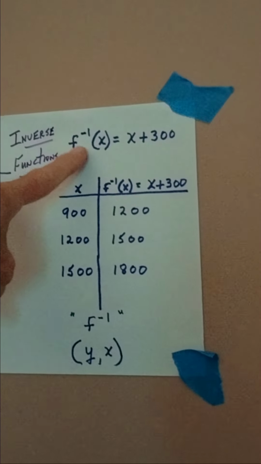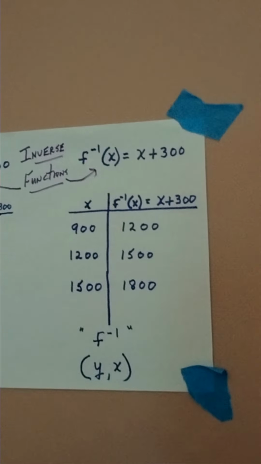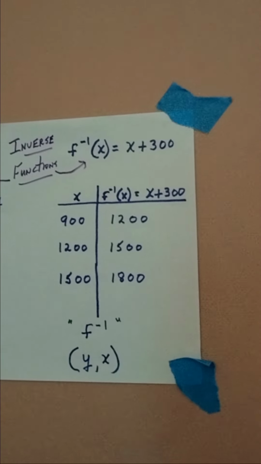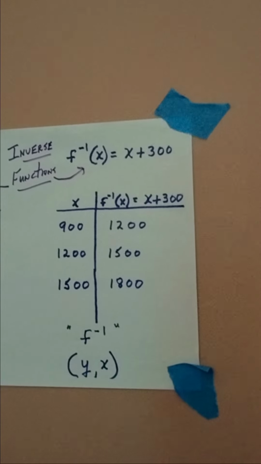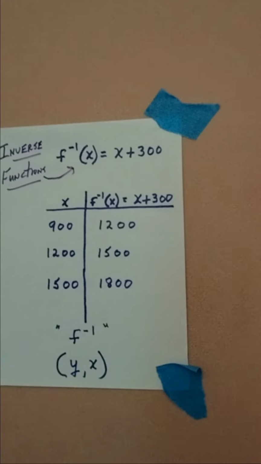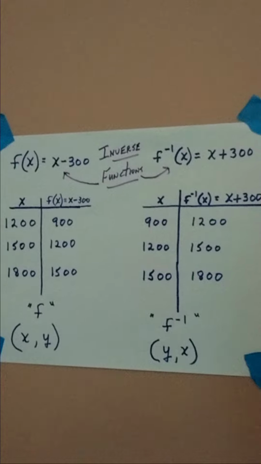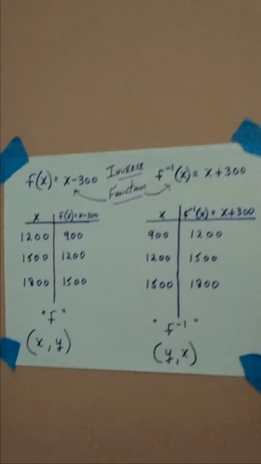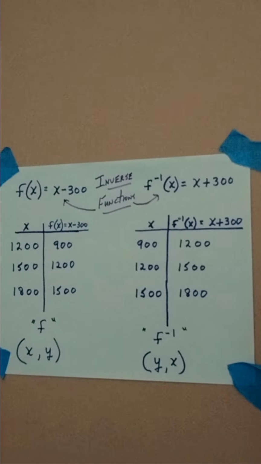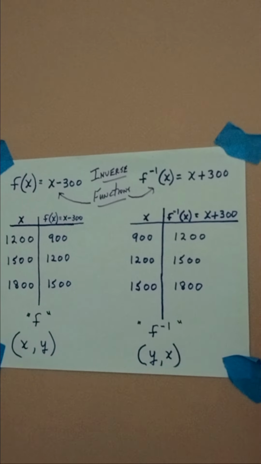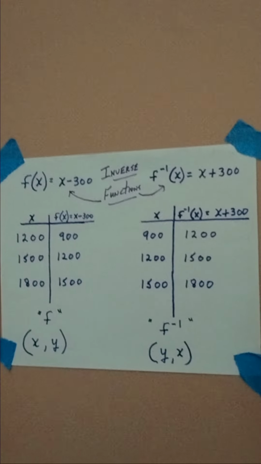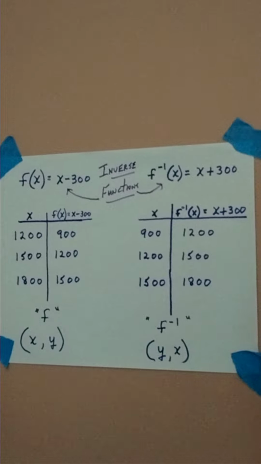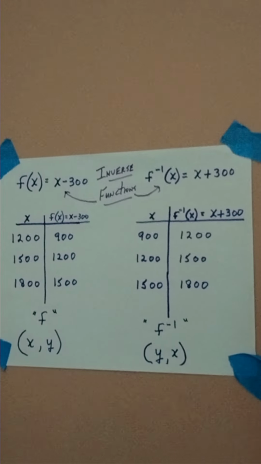Now we've already shown that these two functions are inverse of one another, but I would like you to take a look at the two tables, the one on the left and the one on the right. The one on the left represents a table of values for function f, and the one on the right represents a table of values for the inverse of function f.